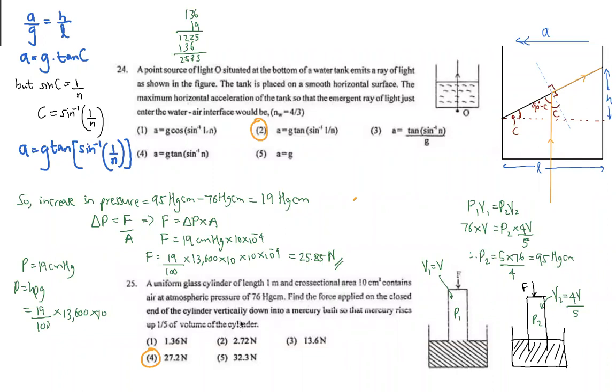Find the force applied on the closed end of the cylinder vertically down into mercury bath, so that mercury rises up 1/5 of the volume of the cylinder.